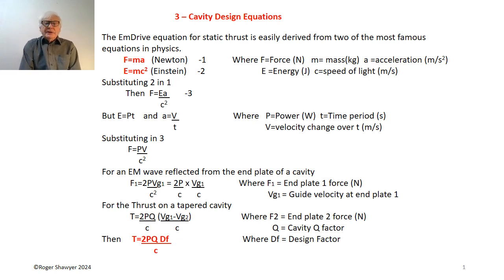So we end up with this basic thrust equation, and we simplify it by saying that Vg1 minus Vg2 over c is equal to dF, which is the design factor. So the fundamental thrust equation for static thrust from an EmDrive cavity is T equals 2PQ over c times dF.